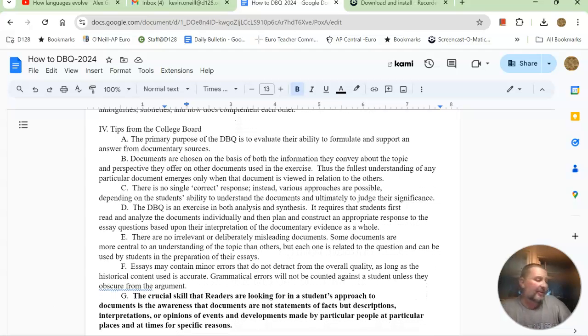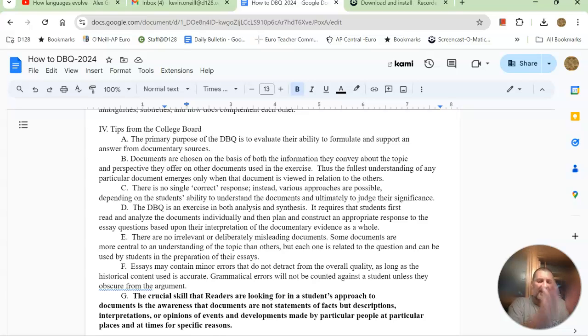Now, what does the College Board say? College Board says the primary purpose of the DBQ is to evaluate your ability to formulate and support an answer from documentary sources. Documents are chosen on the basis of both the information they convey and the perspective they offer on other documents in the DBQ. The fullest understanding of any particular document emerges only when that document is viewed in relation to others.